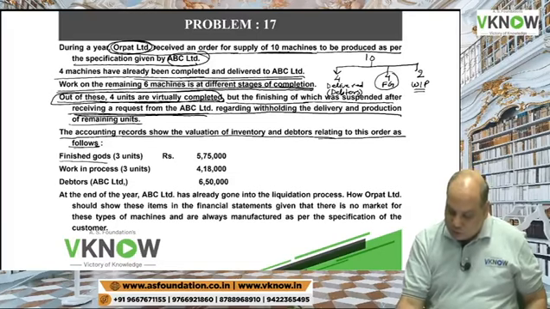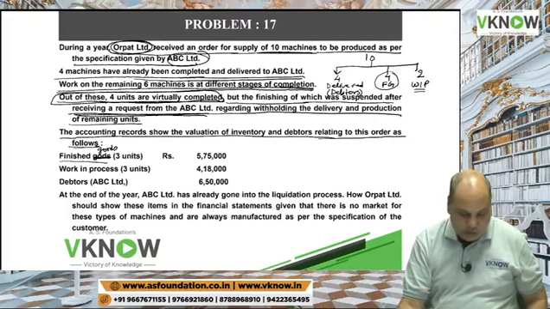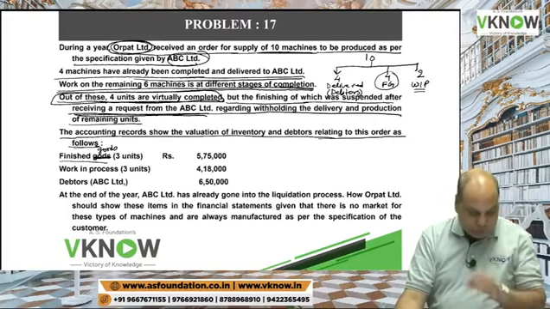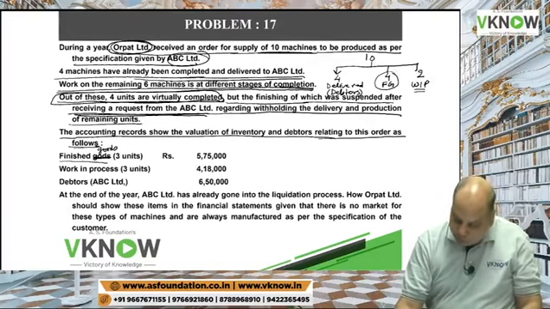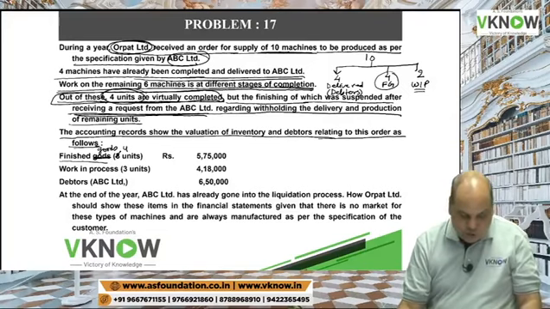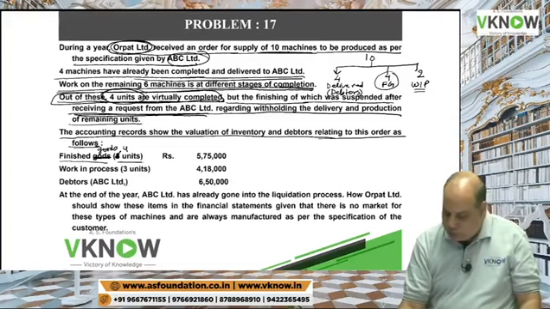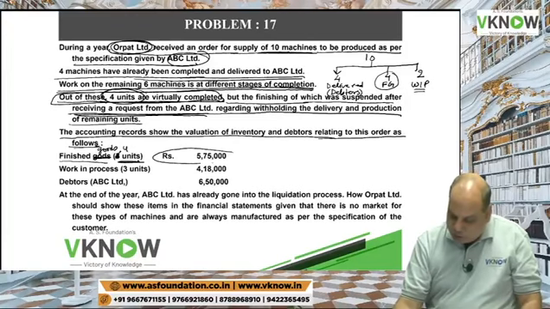Finished goods. It is written gods here, make it goods. Goods and gods are very different. Make it 4 units here because the question says 4 units are virtually complete. So there is an inconsistency in the question. It should be 4 units. Completed units cost is 5,75,000.